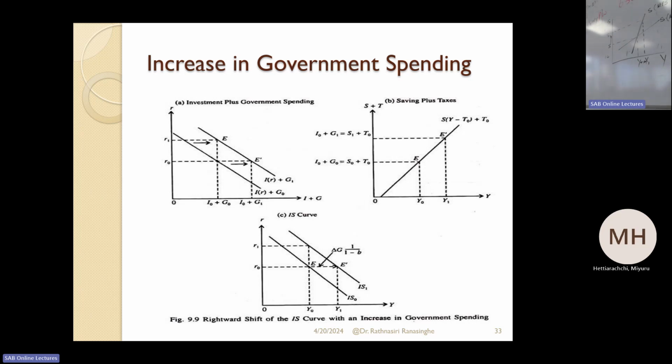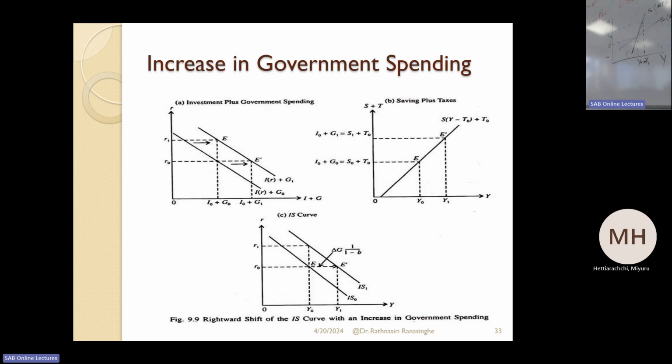Since there is a rise in government expenditure, injection increases and national income increases, associated with a higher income level. So at R0 we have I0 plus G1, given by Y1, which gives the point R0, Y1. If we draw the IS curve, we can see that the IS curve shifts to the right. Likewise, investment also changes: if there is rising investment, this curve shifts to the right.